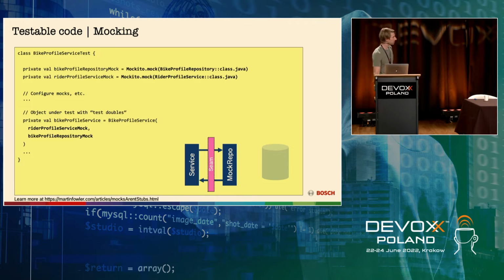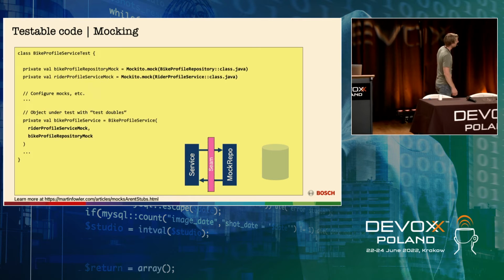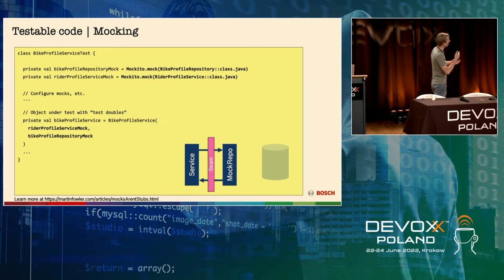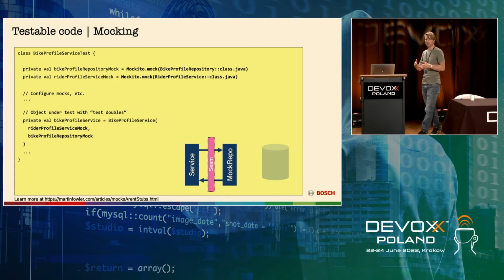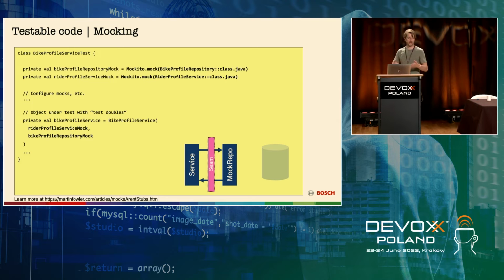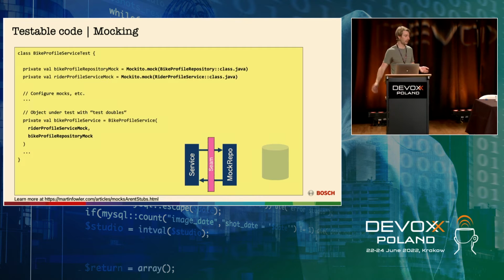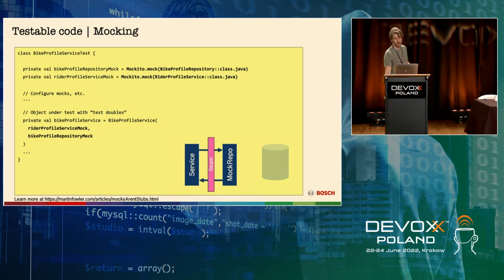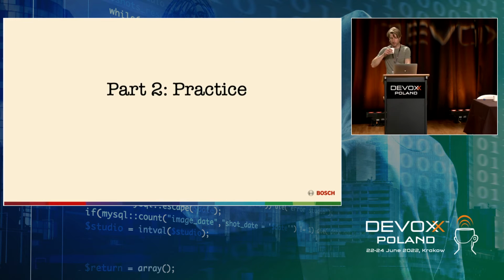And as you can see, that's the seam in the lower right corner. Because we now have a mock in place, we have cut off this dependency to the database, and we no longer need the database to test our service. So far, so good.